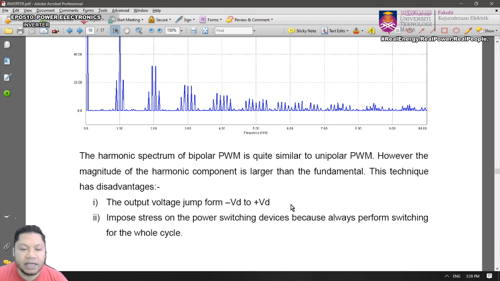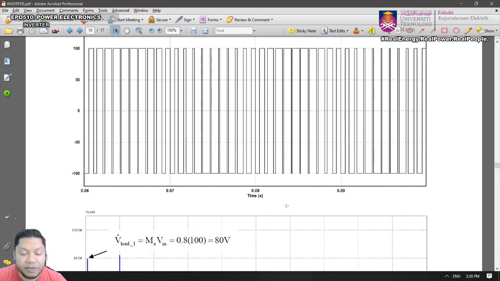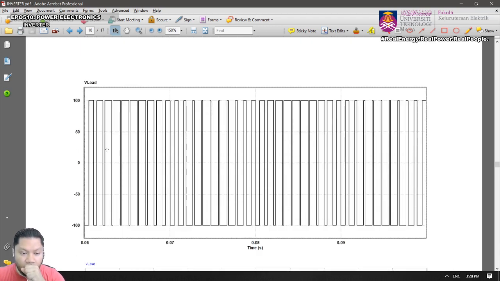This technique, however, has disadvantages because of the output jump. What does it mean? It means that the output voltage jumps from 100 volt to minus 100 volt. So your switches will experience a large jump from 100 volt to minus 100 volt.